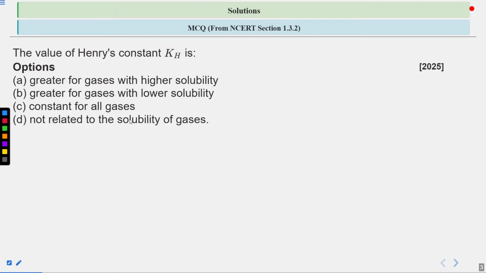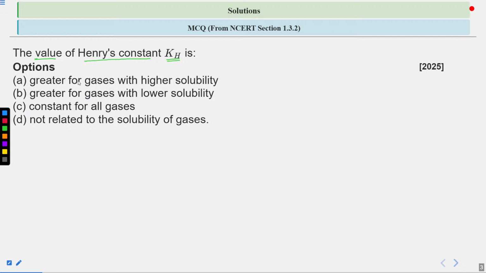Okay, so let's start with the first question, which is an MCQ type question, and we have covered this question from NCERT section 1.3.2 in the chapter Solutions. The question asks: the value of Henry's constant KH is. From the given options, you have to correctly match which option the value of Henry's constant KH is related to.